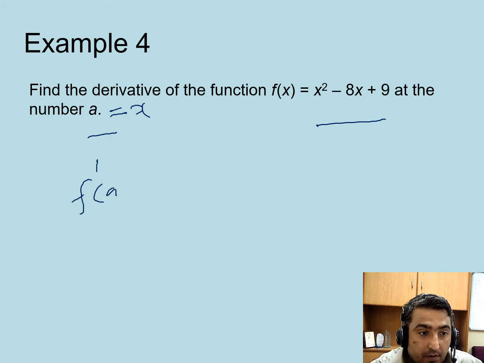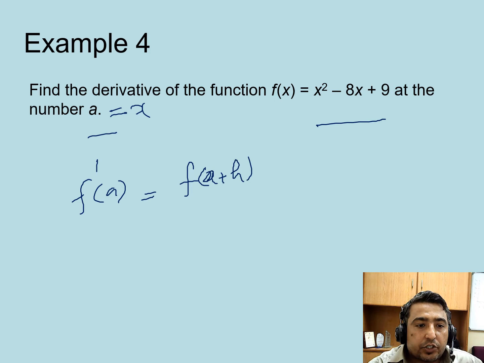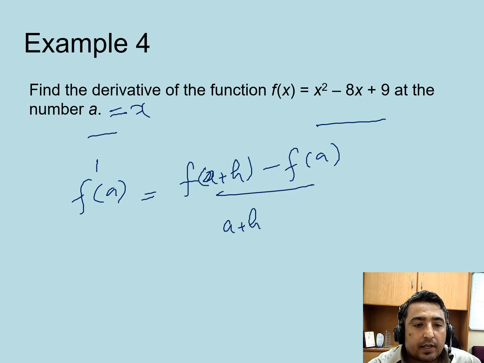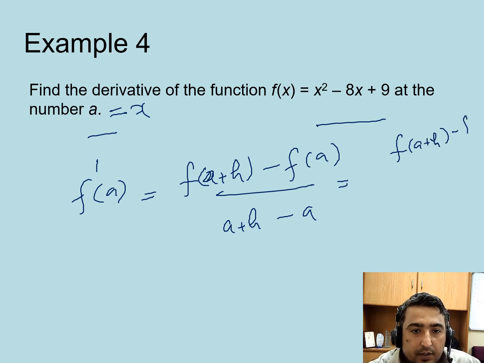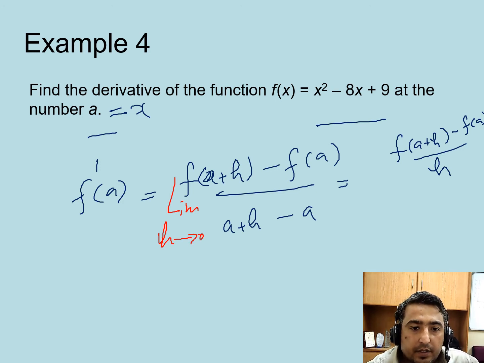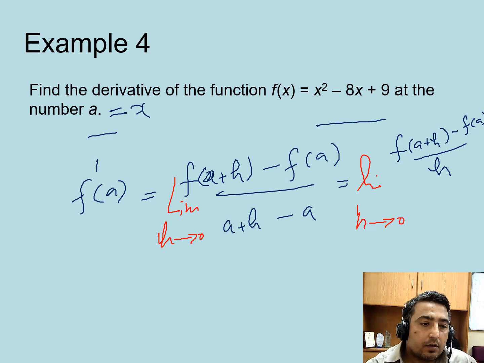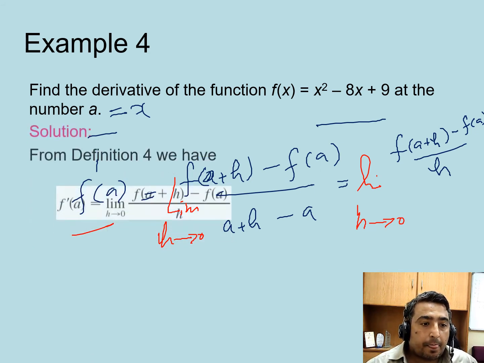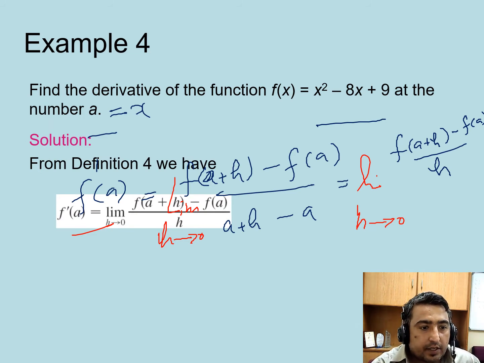The derivative f prime of a is equal to f of a plus h minus f of a divided by a plus h minus a, or effectively f of a plus h minus f of a divided by h, and do not forget to put the limit here. So limit h approaches 0.